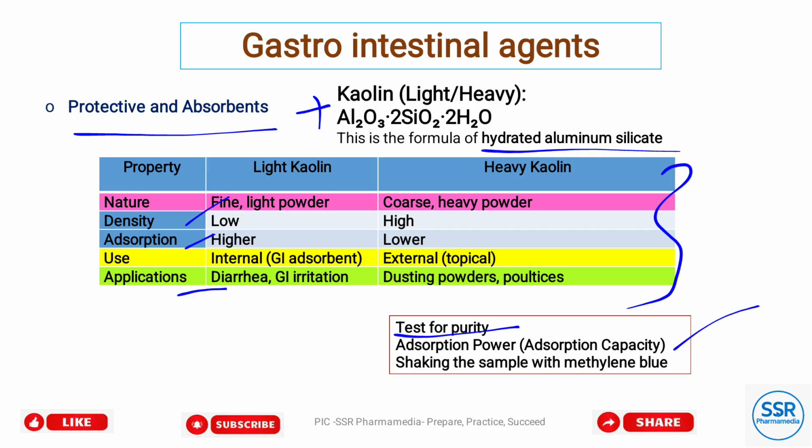To check the absorption power, the sample is shaken with methylene blue. Test for purity, aluminum hydroxide gel, acid neutralizing test for kaolin.